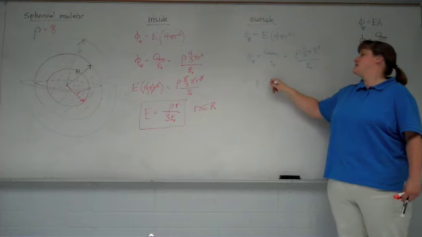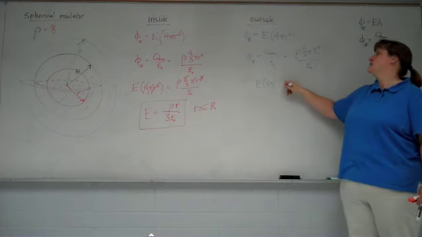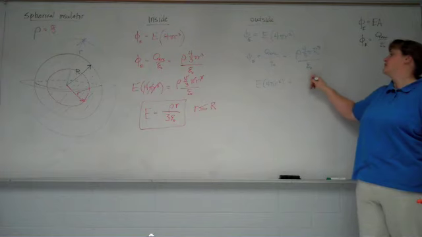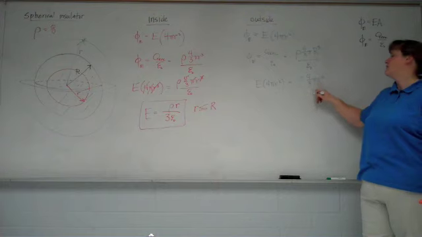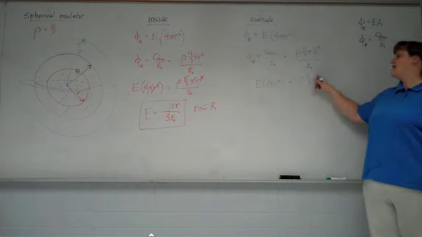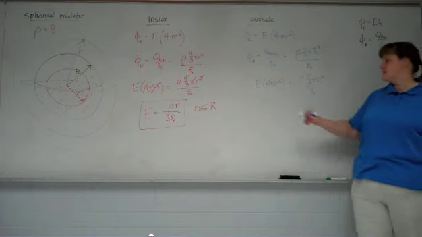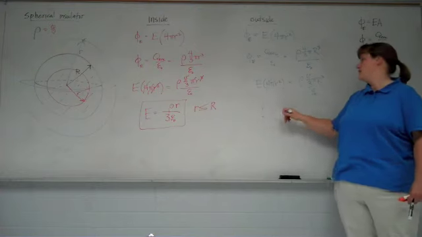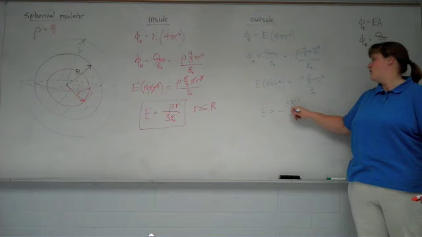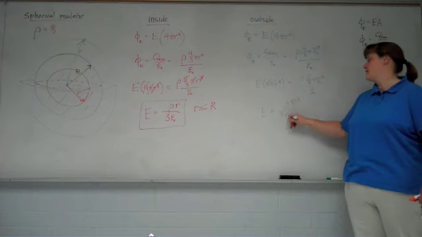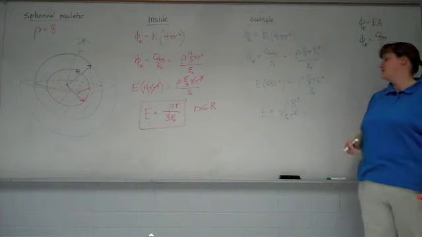We set these equal to each other. The 4 pi cancels, but that's it. So E will equal rho times big R cubed over 3 epsilon naught little r squared.